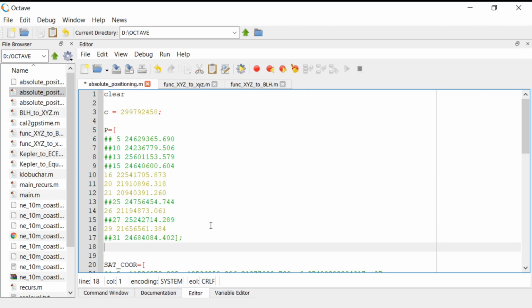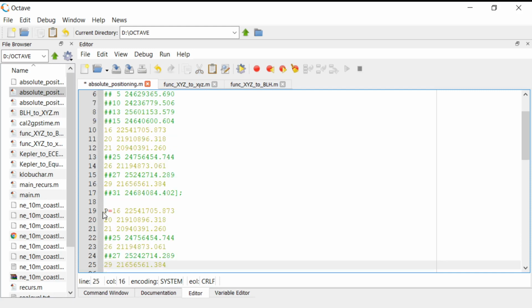P will be problematic here, because it should begin with the value itself.